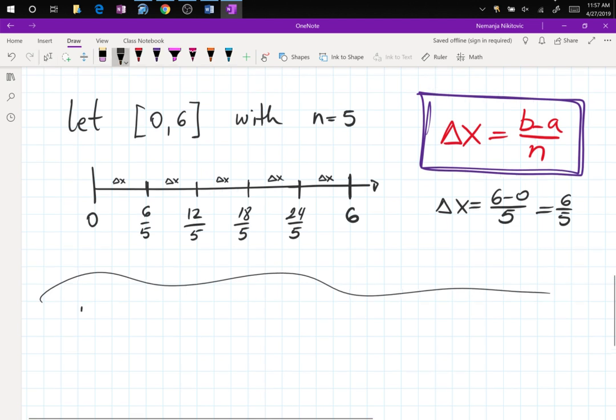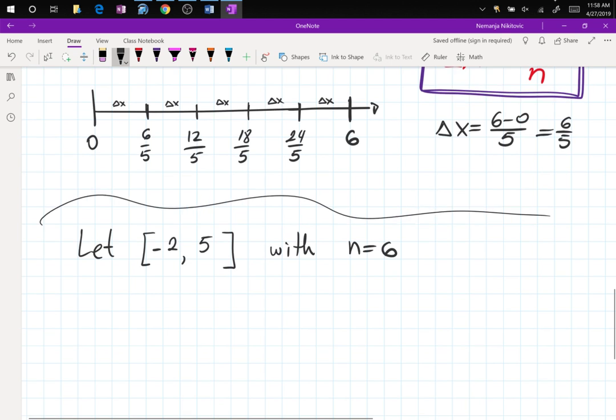So let the interval be from, let's say, -2 to positive 5 with n equals, let's say, 6 rectangles.